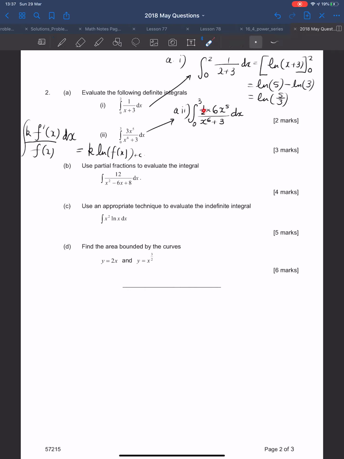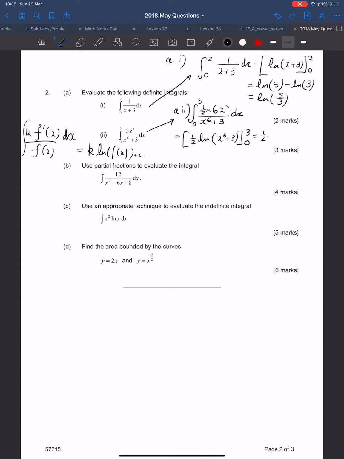Okay, so if you look, our k is a half, because we've got f dashed, 6x5, f, x to the 6 plus 3. So this is going to be a half ln of x to the 6 plus 3, between 3 and 0. 3 to the power 6, that's 9 times 9 times 9.